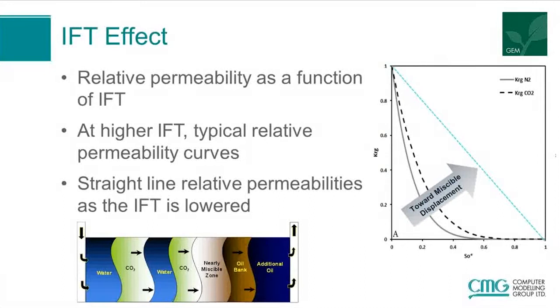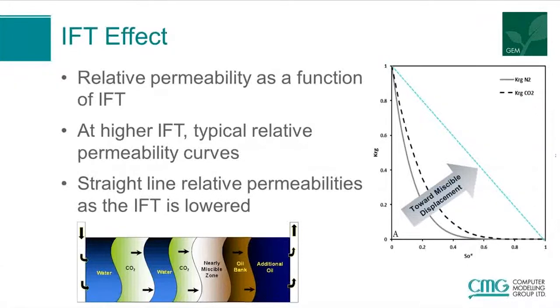The interfacial tension between injected carbon dioxide and reservoir fluid is really important in carbon dioxide EOR techniques. When the process is immiscible, we have a high interfacial tension between the gas and oil phases. Therefore, we should use typical relative permeability curves to capture the rock and fluid interactions.